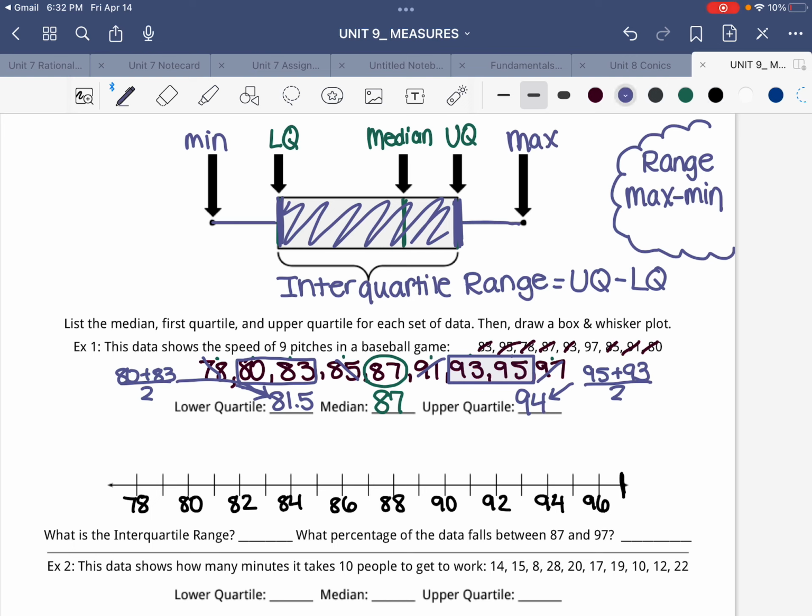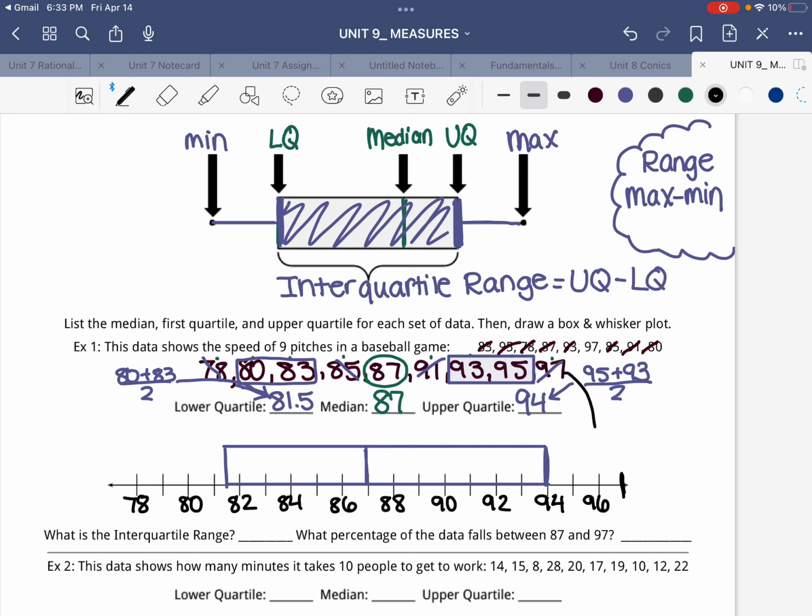Then, my lower quartile was 81.5, which is right here, halfway between 81 and 82. The upper quartile was 94, and the median was 87. And then you go ahead and draw a box out of all three of those, like so. Then you also need the min and the max as the whiskers.